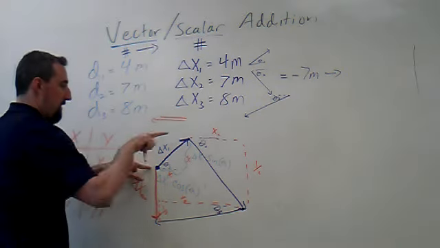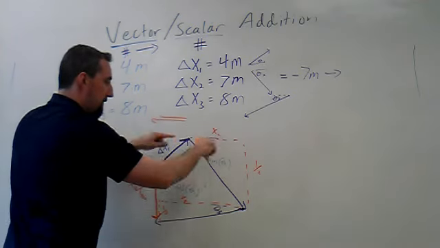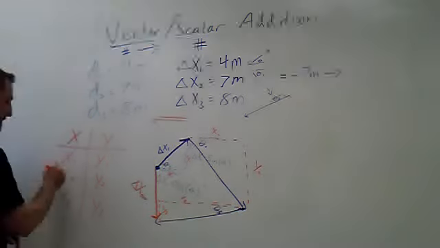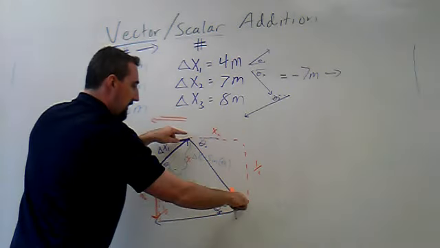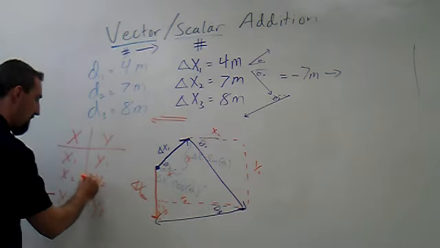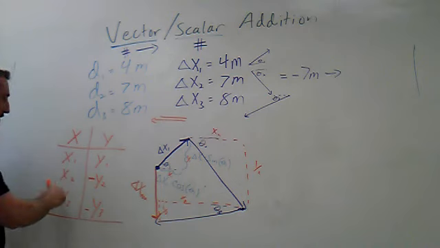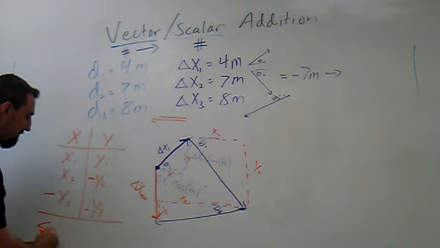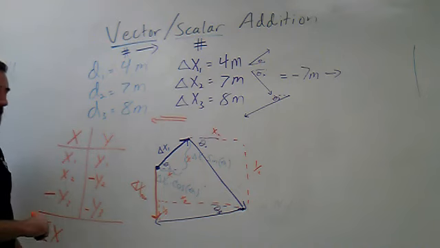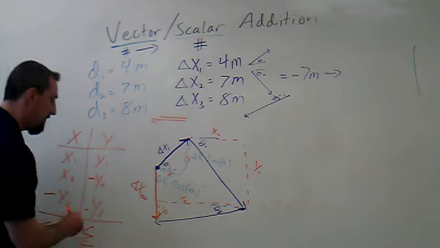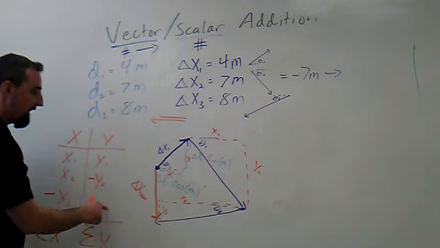Well, let's call this direction positive and up positive. x1 is a positive, x2 is a positive, x3 is a negative. y1 is a positive, y2 is a negative, y3 is a negative. Now we just add them up. The total displacement in the x direction is x1 plus x2 minus x3. The total displacement in the y direction is y1 minus y2 minus y3.